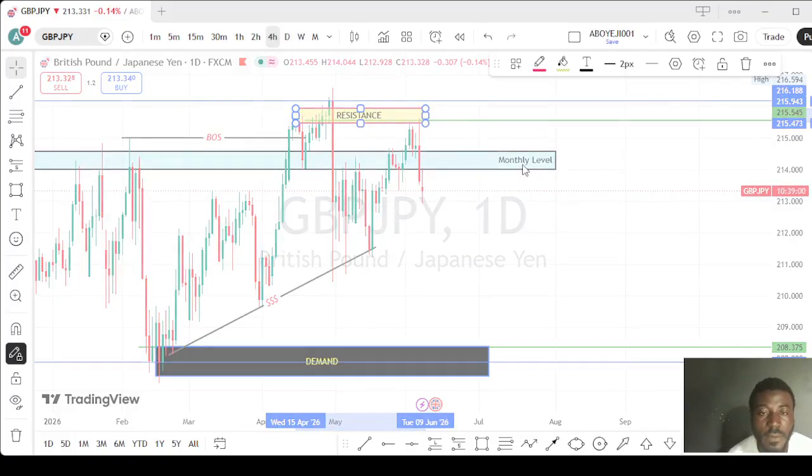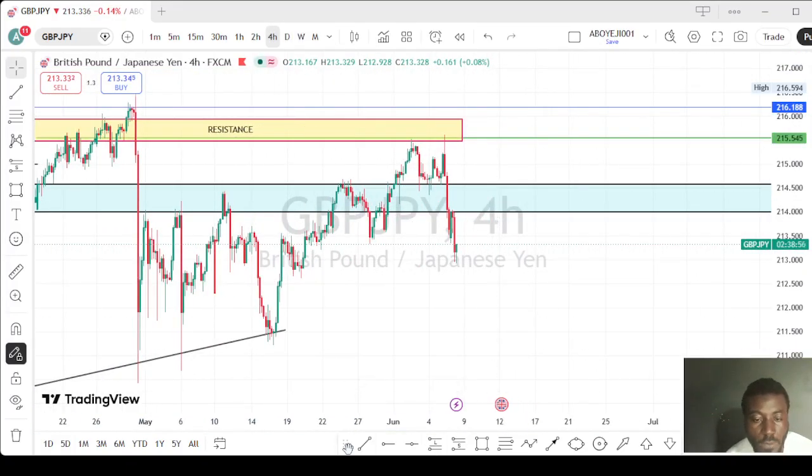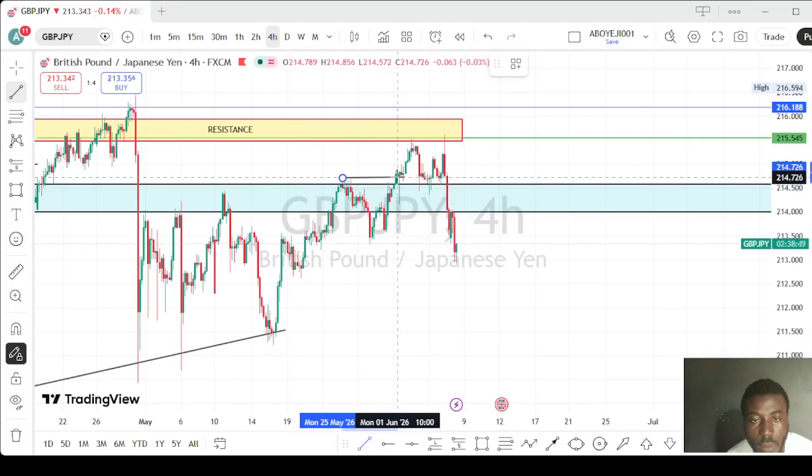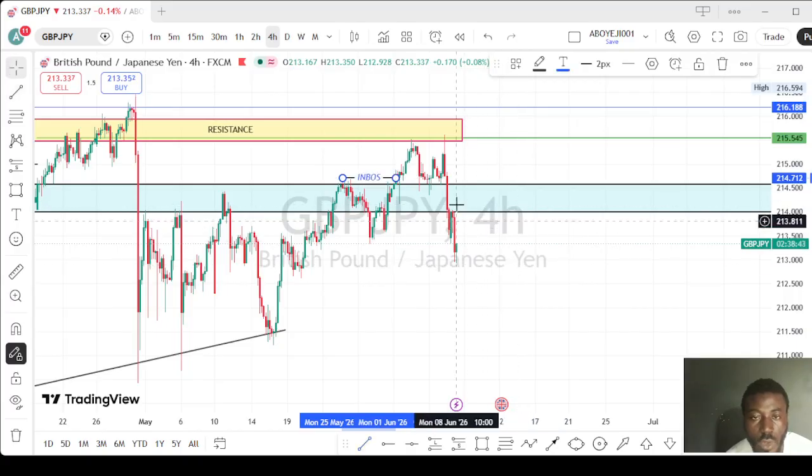So let's move to the 4 hour time frame. This is what we have seen on the 4 hour time frame. This is the last break of structure here, and an internal break of structure.